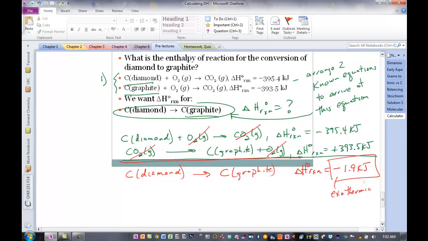You have to manipulate the equations. This one was pretty easy. I'm going to do one more example that's a little bit more difficult. Exothermic reaction. We typically think of exothermic reactions as spontaneous. This one is indeed spontaneous. Okay, so diamond does spontaneously convert to graphite. Does that scare anybody? All the diamonds you have stashed away somewhere turning to just plain old graphite carbon, from very valuable diamond to not so valuable graphite?